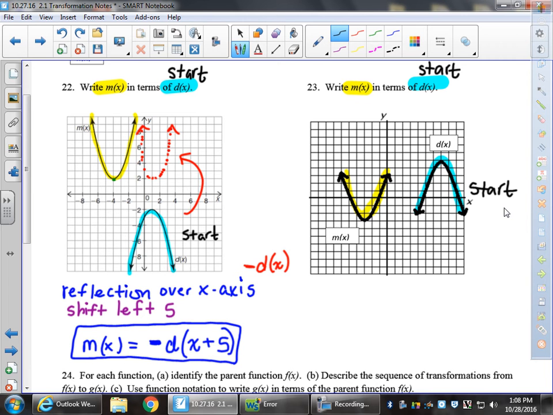Give you a moment to take a look and see what happened first to this. Once again, we have a reflection over the x-axis.